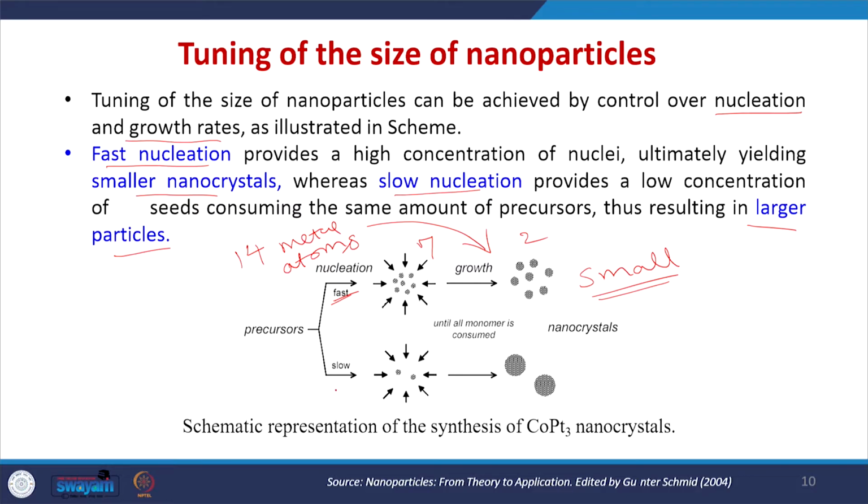But in the other case, where there is a slow nucleation and you have the same number of metal atoms for the growth and the nuclei is only 2, in this case, each will get 7 metal atoms. So, due to that, the particle size will be large. So, by controlling the nucleation and growth, we can fine tune the particle size.